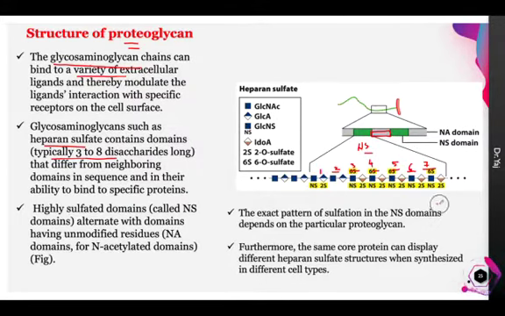Now, the exact pattern of sulfated and acetylated domains varies from one proteoglycan to the other. And also one aspect that you need to remember is that the same core protein can display different heparan sulfate structures when they are synthesized by different types of cells. Now let us look at the function of the NS domain in specific.